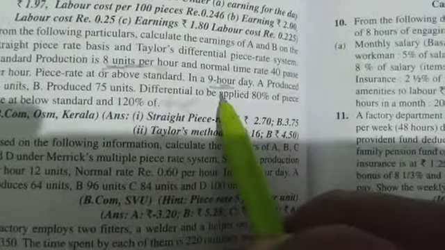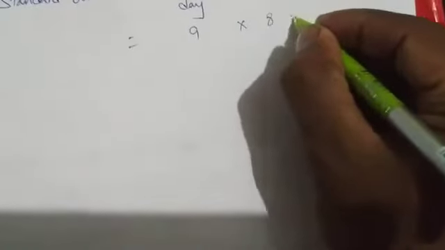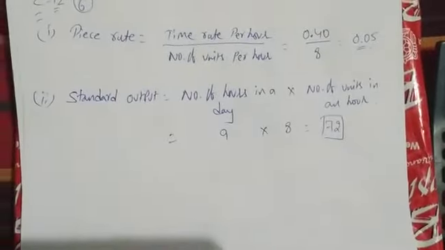So we have here number of hours in a day is 9 hours. So 9 into number of units per hour, how much? 8. You do multiplication, you will get 72 as standard output. Easy, very easy.